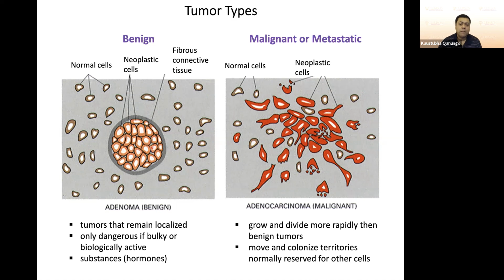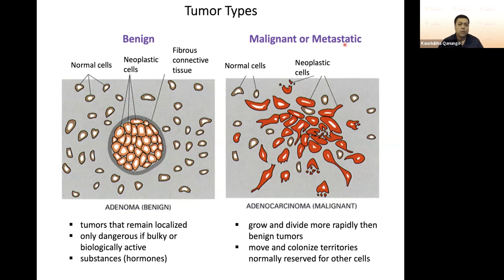But what happens right here is that these neoplastic cells in the malignant or the metastatic tumor do have some of the extra type of genes, and we already talked about that there are 3 to 7, at least minimal 3, maximally 7 or more needed to be mutated, and they mutate in such a way that the anomaly or the aneuploidy of the chromosomes will cause this fibrous connective tissue to break up, and they can just move in different directions as well.